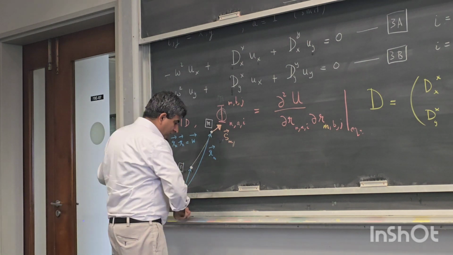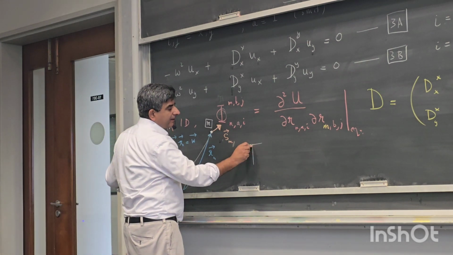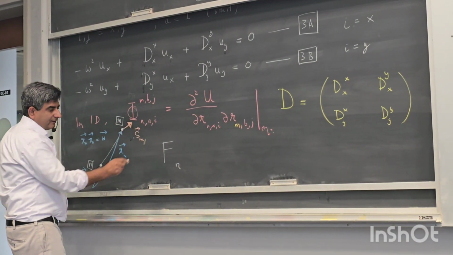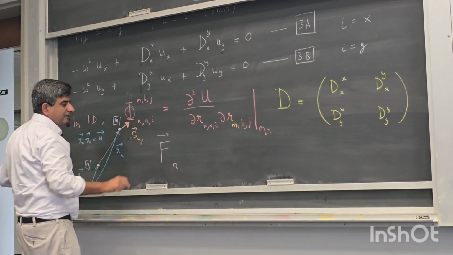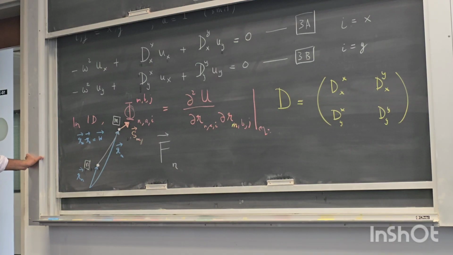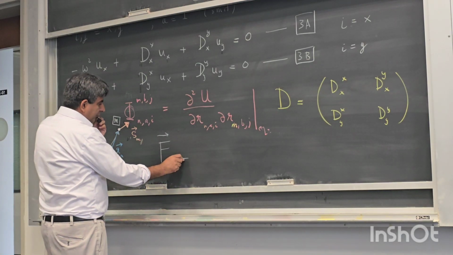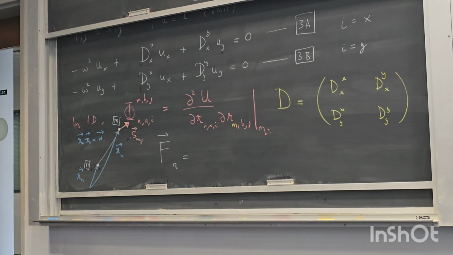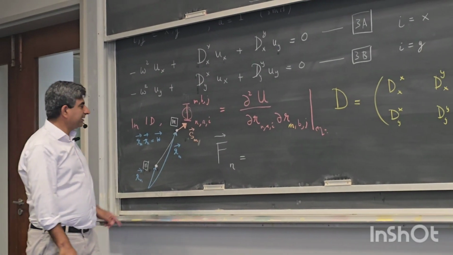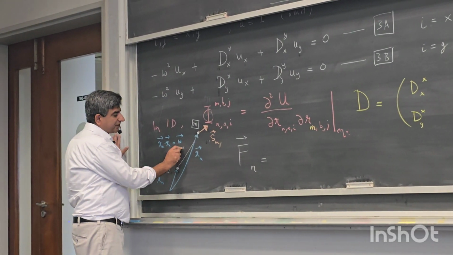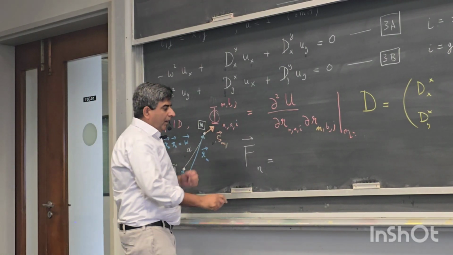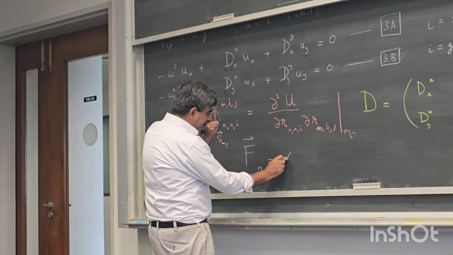So the force on atom n, which is a vector, is going to have some strength. Suppose this interaction strength is alpha, the spring constant, force per unit length.